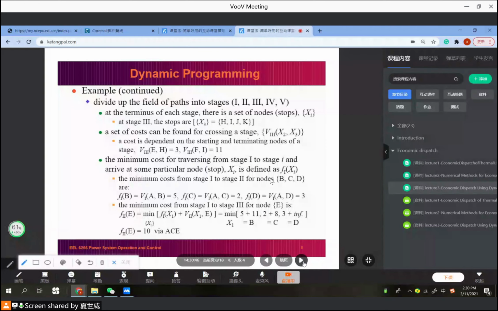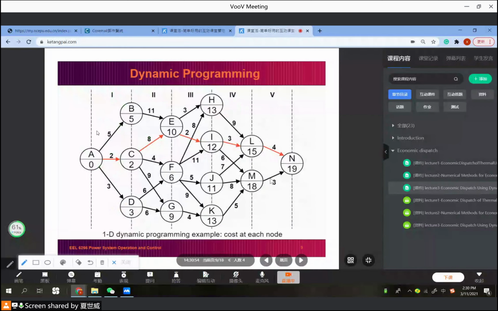Okay. So let's continue. If you travel from stage 1 to stage 3, what's the cost? That means we continue for the next stage. We have already calculated from stage 0 to stage 1. Also in this figure, we have recorded the cost for each stop.